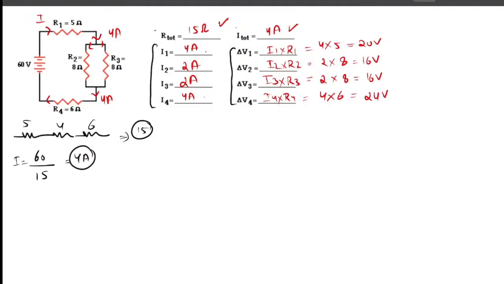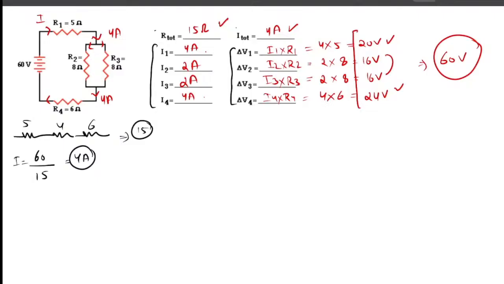Now if we make a summation, just three things: one, the combination of this and this, it will come out to be 60 volts, which is the value with which we started.